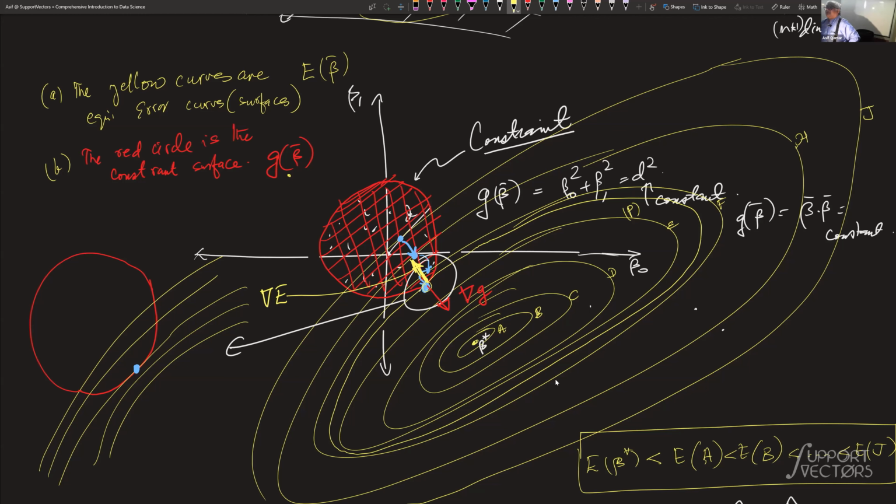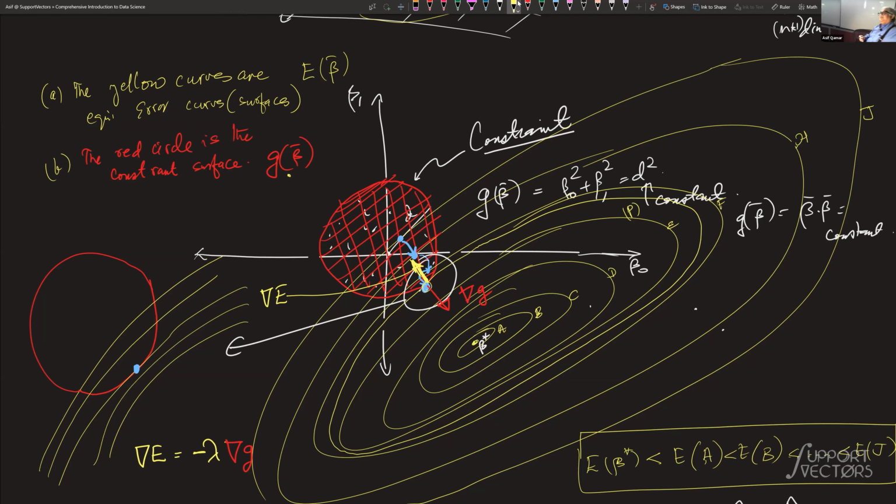If two vectors have opposite directions, what can you say about them? Would it be fair to say that the gradient of E, of the error surface at that point, is equal to, up to a proportionality constant, because magnitudes will be whatnot, the same as gradient of G with a minus sign? Why minus sign?